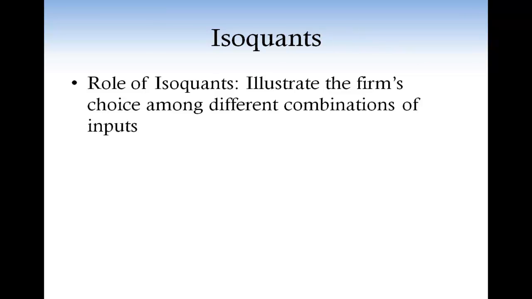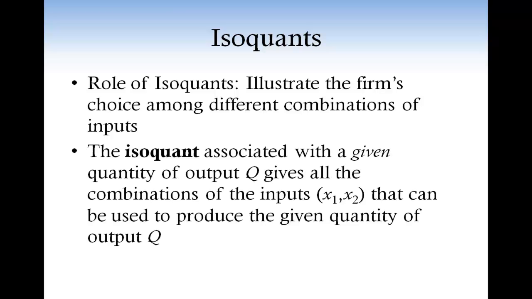In order to illustrate the choice that the firm has among different combinations of inputs to produce the same quantity of output, we introduce the concept of isoquant.